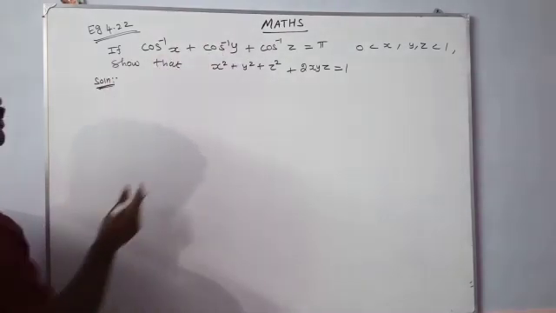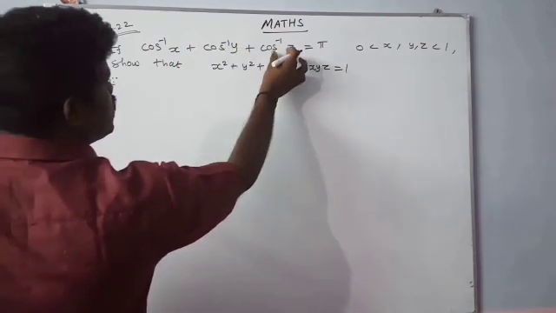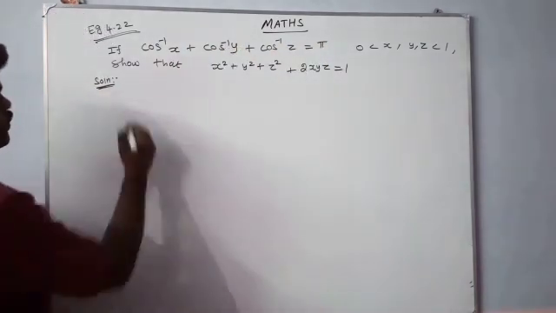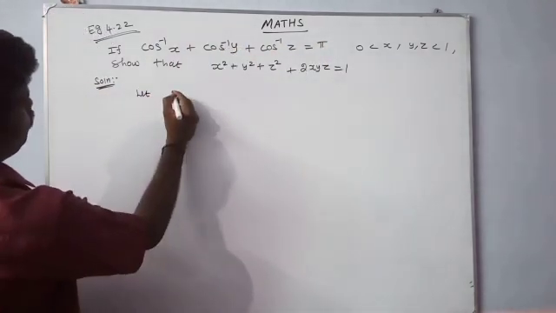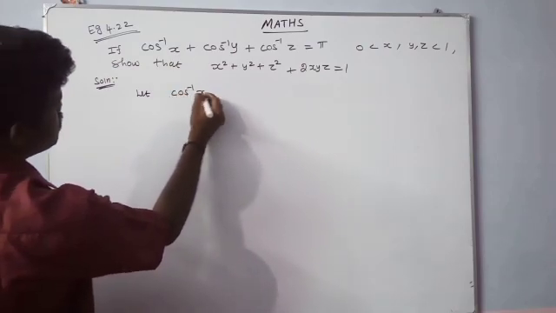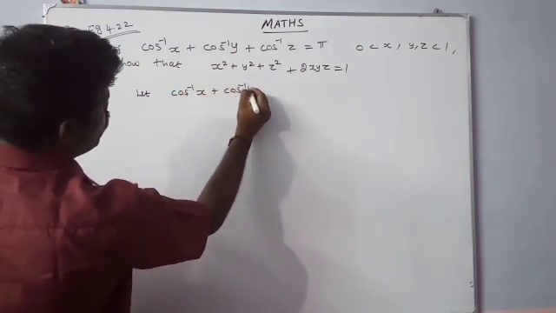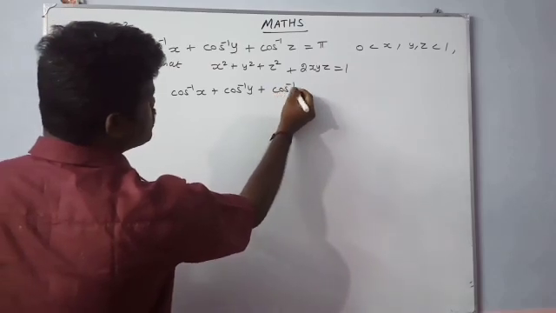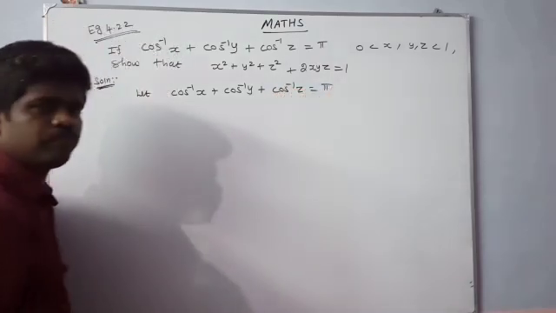Solution. Let cos inverse x plus cos inverse y plus cos inverse z be equal to pi.